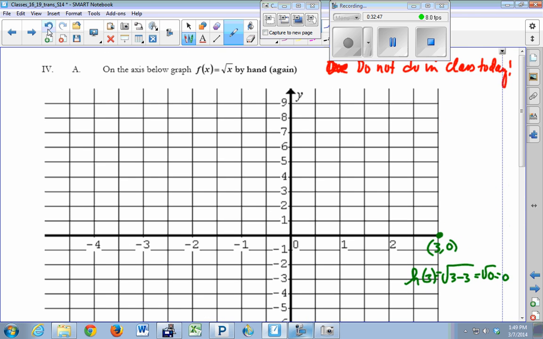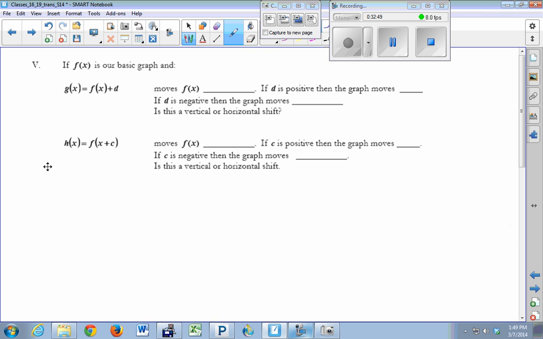Okay, so let's take a look at this statement here. If f of x is our basic graph, which means our parent function, and g of x is our original function plus d, so the constant is being added outside of the function f of x, it moves f of x in what direction?